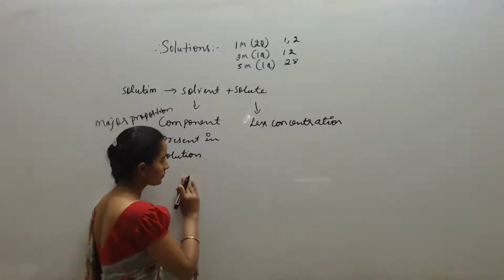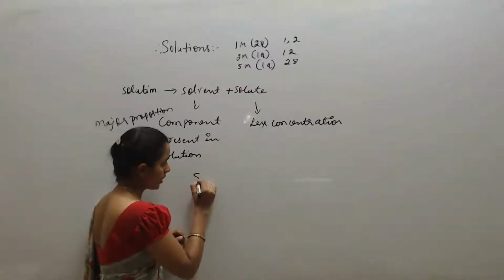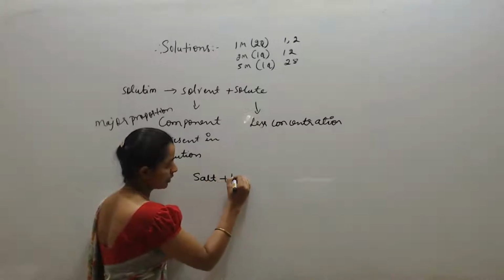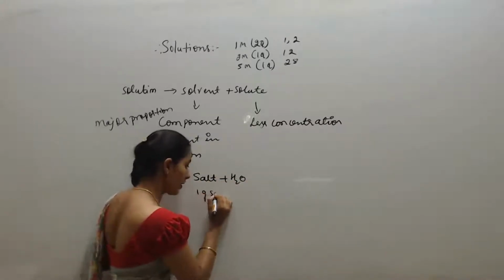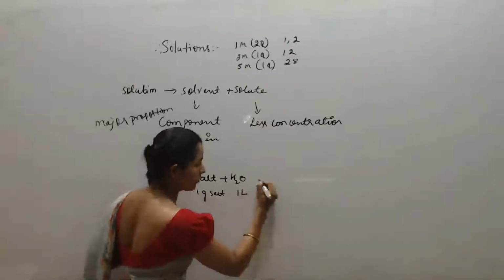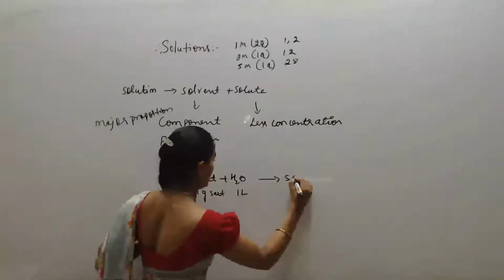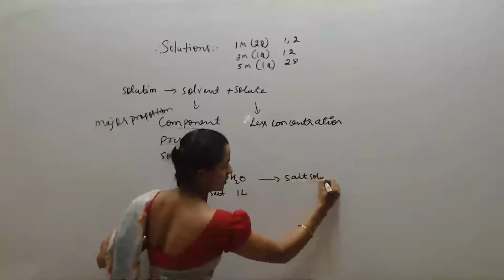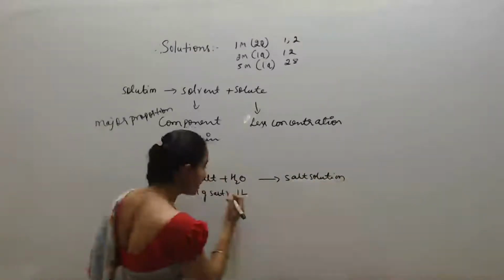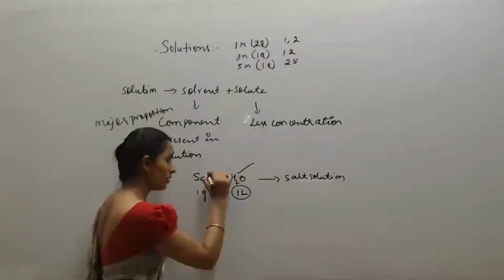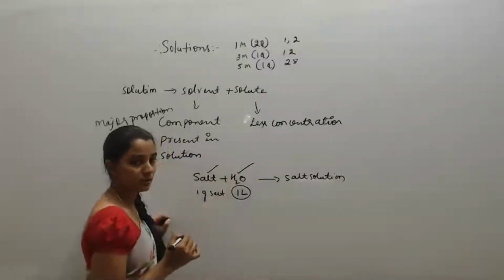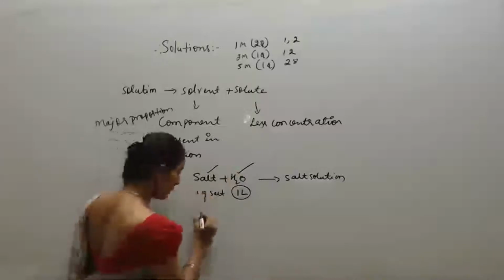So listen, here salt is there, water is there. 1 gram of salt in 1 liter of water gives a salt solution. This is the solvent because it is present in high concentration. This is the solute.